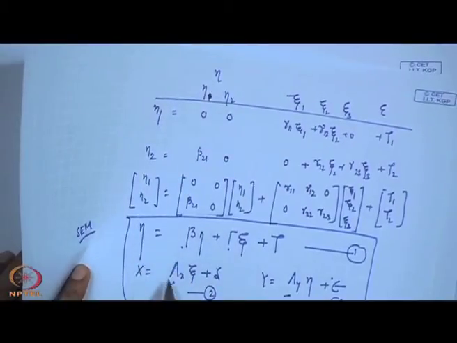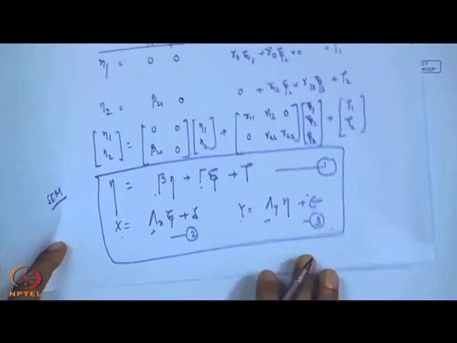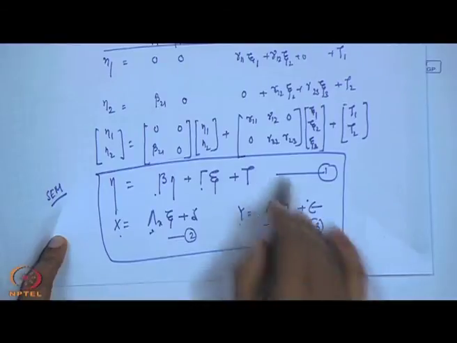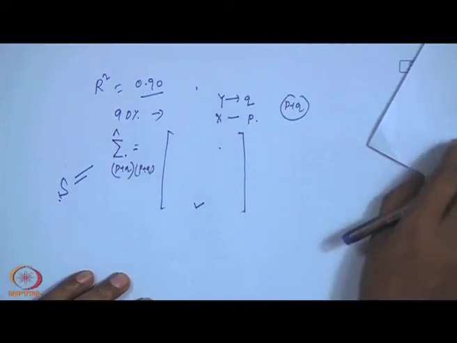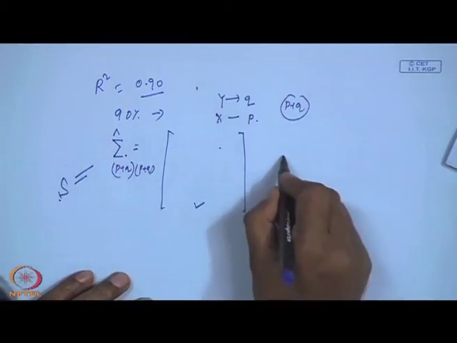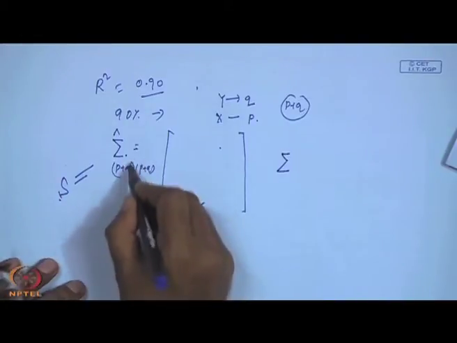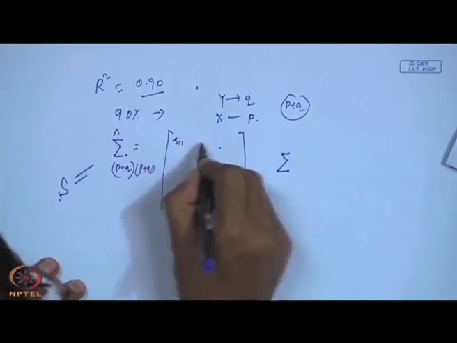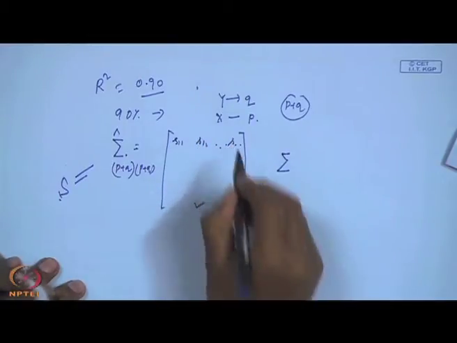Now, using these equations, this eta x and y equation, you will also be able to estimate, or other way I can say fit, this one, you can calculate this. Here if I use S, then it is S11, S12 like S, up to S p plus q.